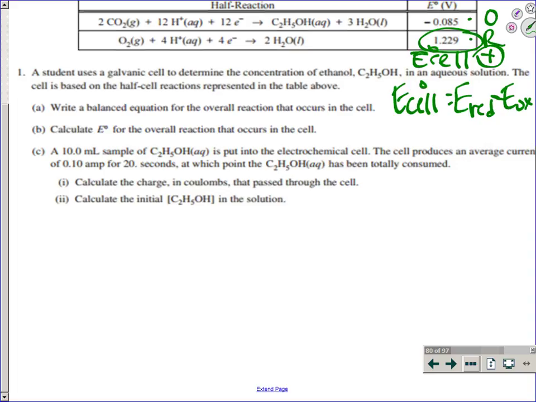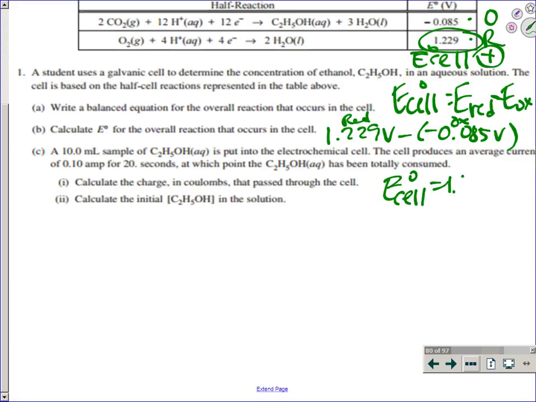So when you actually plug these values in, which is for B, 1.229 volts minus a negative 0.085 volts, this is the reduced half reaction minus the oxidized half reaction. What's the E cell value? 1.314, thanks. So I actually did that part before I did the BCE, because once I figured out who was oxidized and reduced, I basically could figure out A and B together.